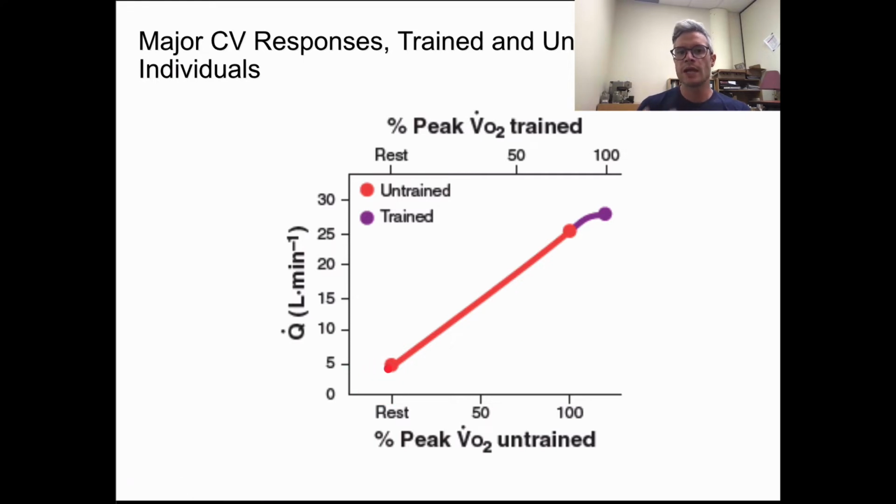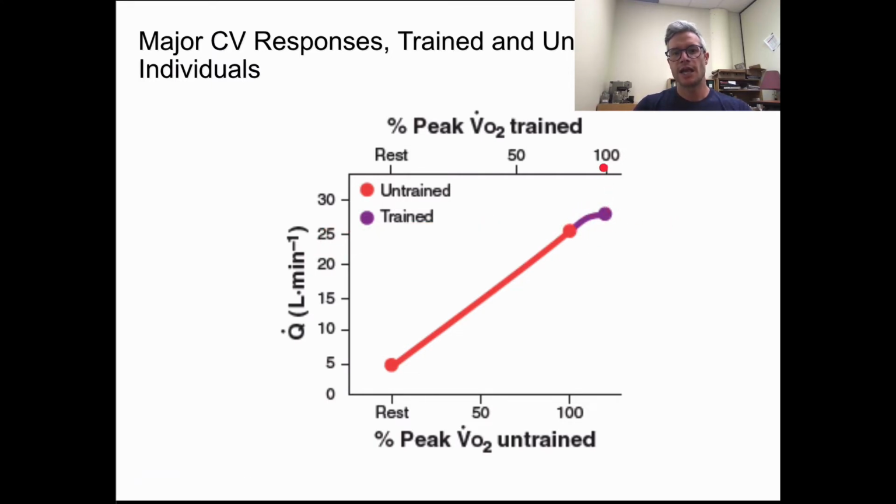It's just the way that a trained individual's heart goes about maintaining that cardiac output compared to an untrained individual is different. The other part that this illustrates is you do see the trained individual has this extra little outcropping of extra VO2 capacity.